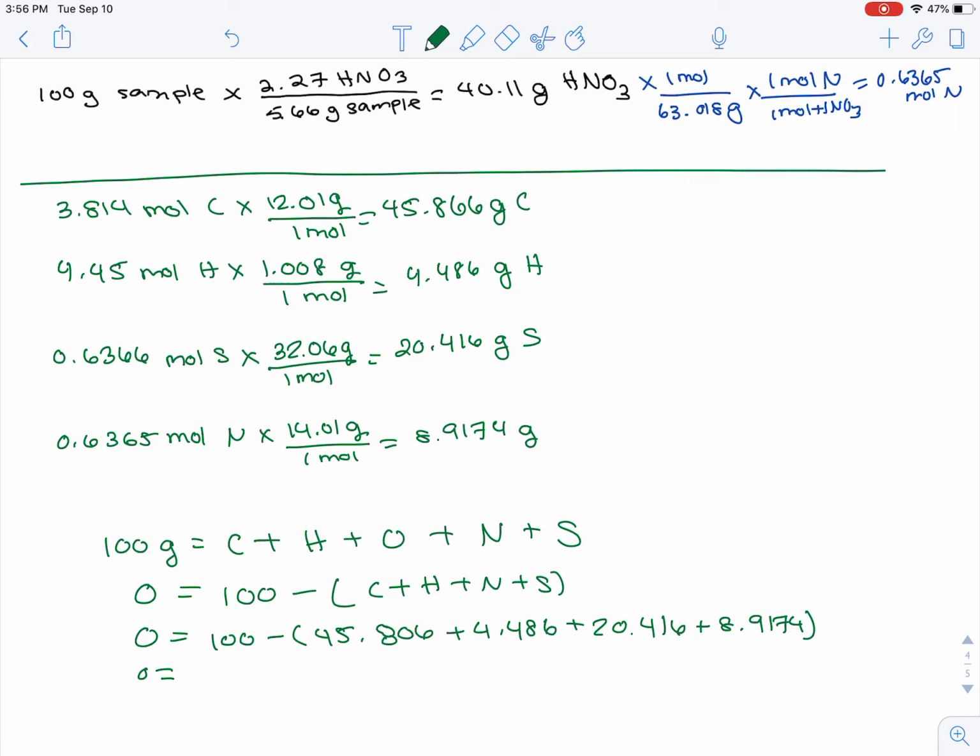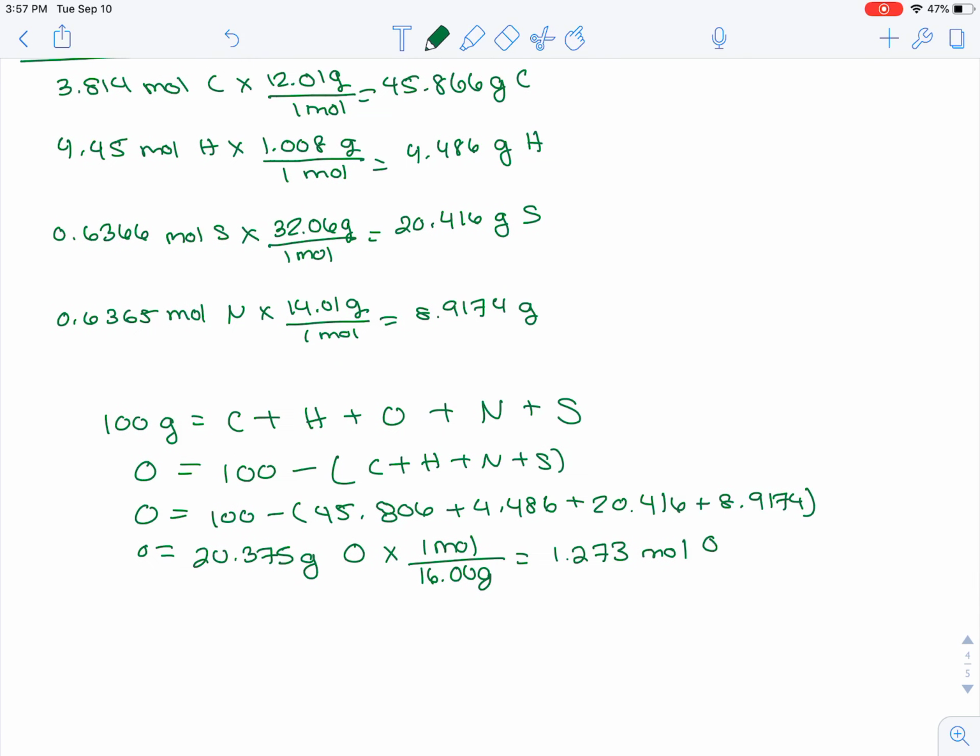We find that the mass of oxygen is 20.375 grams. Now, since we want the formula, we go back to moles and divide this by the molar mass of oxygen and find that we have 1.273 moles oxygen.